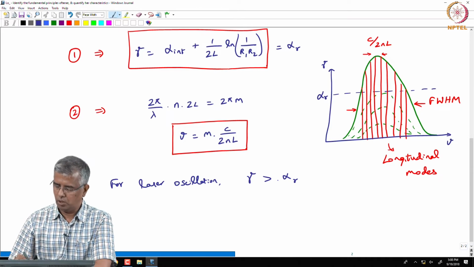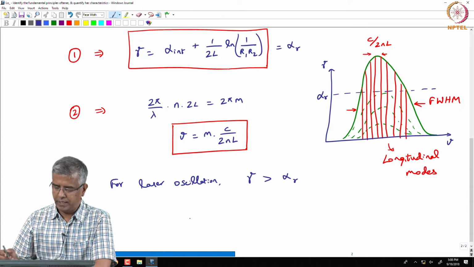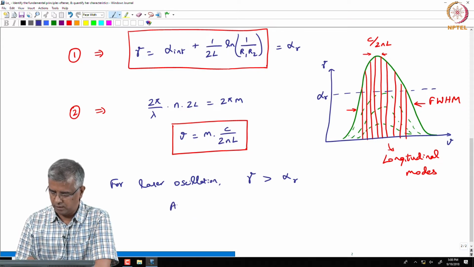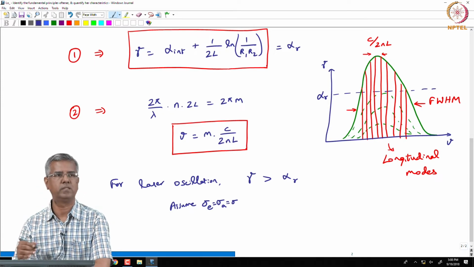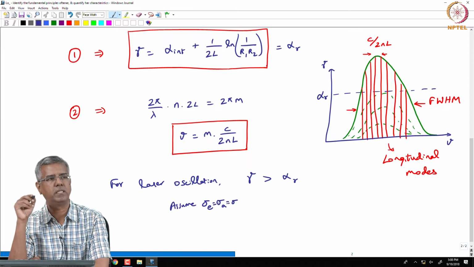Now, if we try to simplify the picture, let us assume that alpha E equal to alpha A, sigma E equal to sigma A equal to sigma, which is the emission cross section.